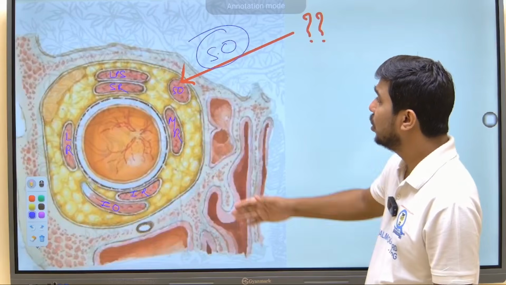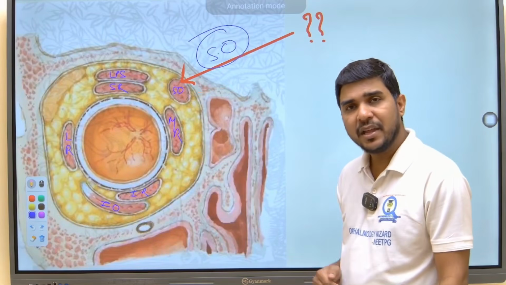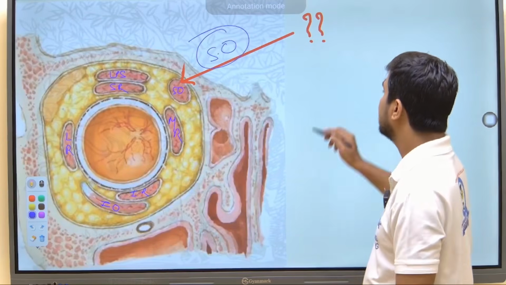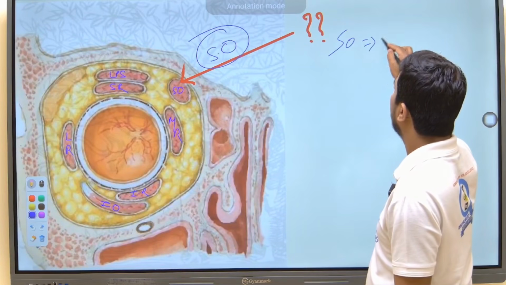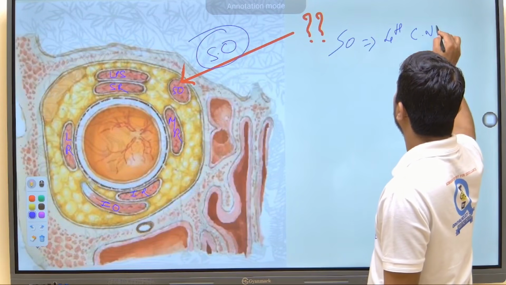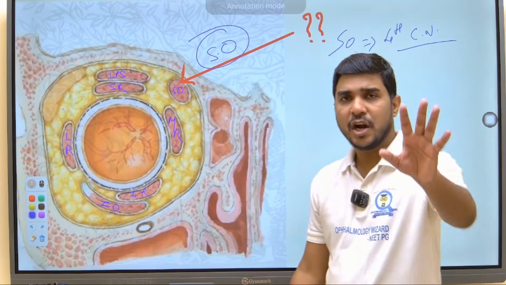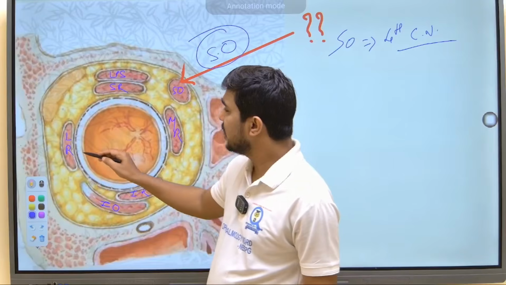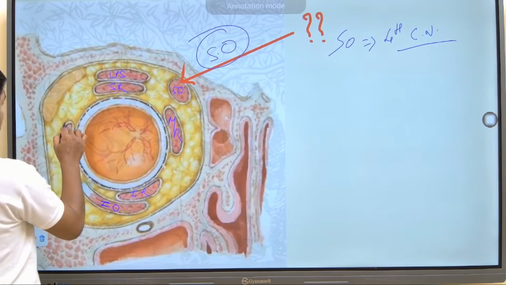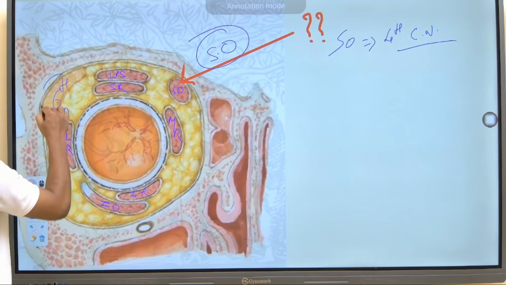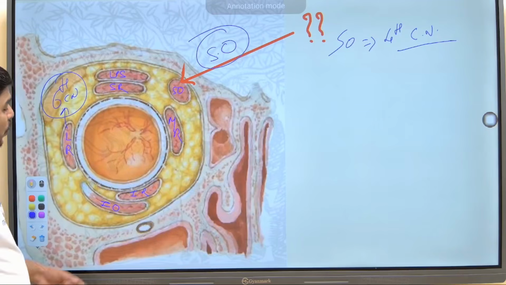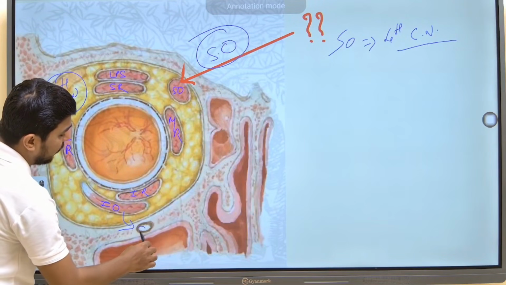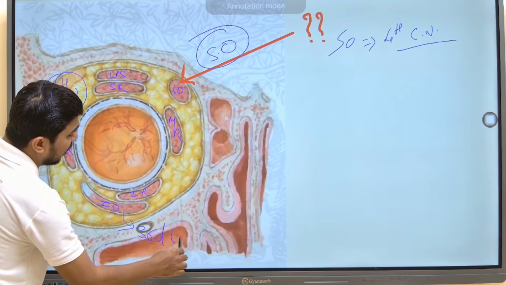Now they can ask you, what is this muscle supplied by? If you know the muscle's name, now you can easily answer. SO is supplied by the fourth cranial nerve, the trochlear nerve. Got it? If they ask what is this muscle supplied by, obviously this muscle is supplied by the sixth cranial nerve. What is this? This is a very important muscle. They can ask what this muscle is supplied by. Obviously inferior oblique, so it will be supplied by the third cranial nerve.